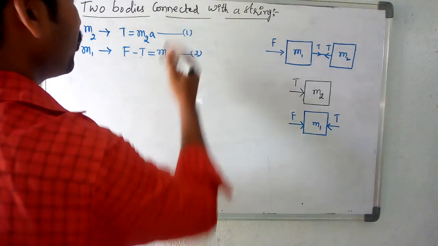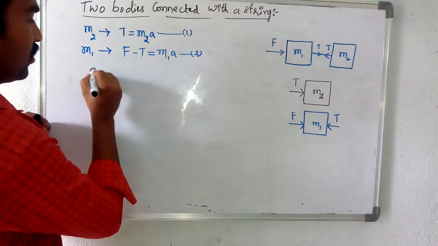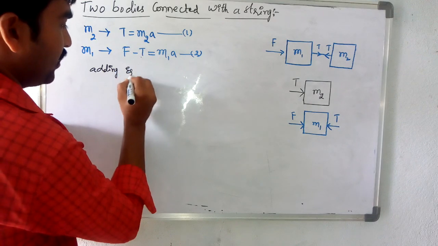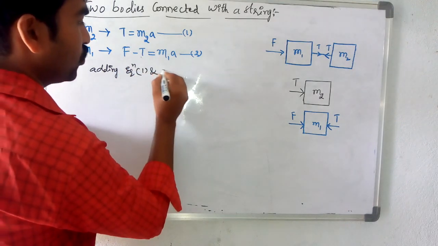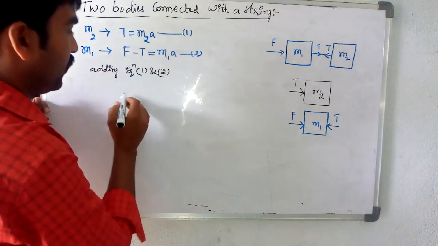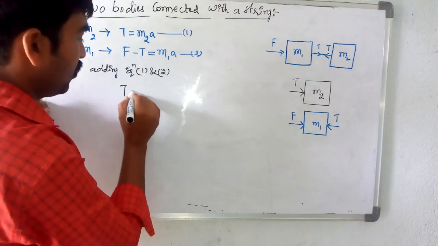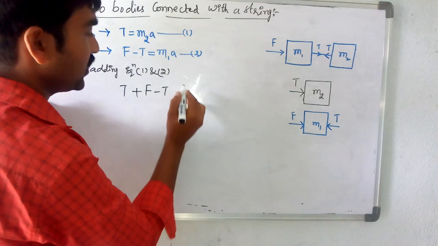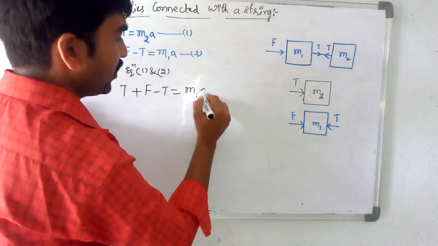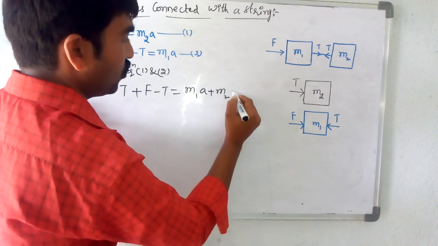So adding both the equations, equation 1 and 2, we'll get the acceleration. T plus F minus T is equal to M1A plus M2A.